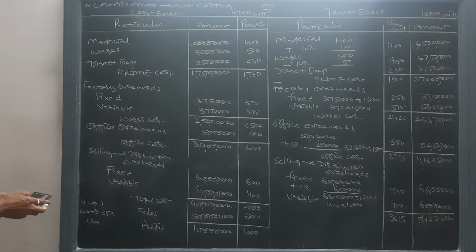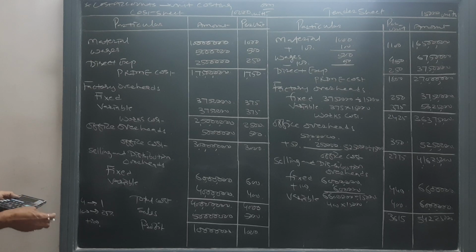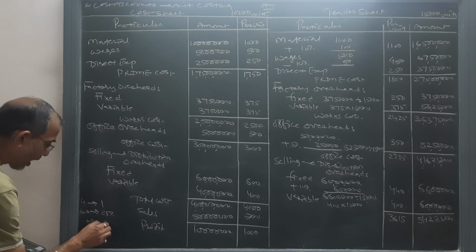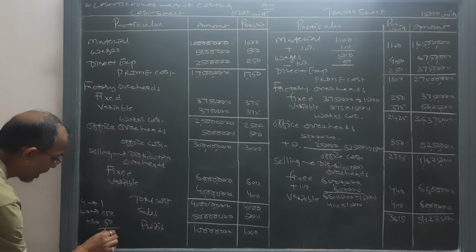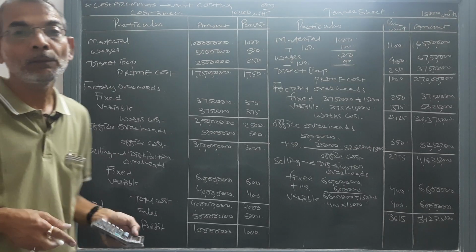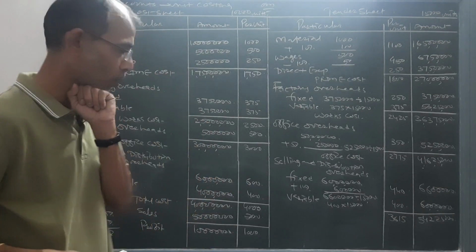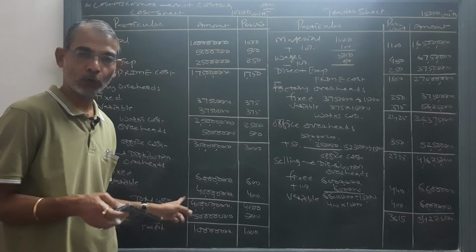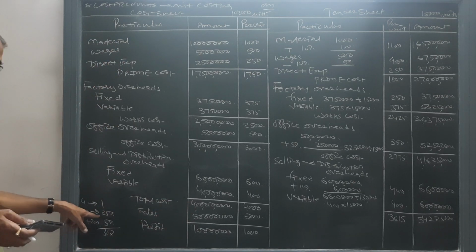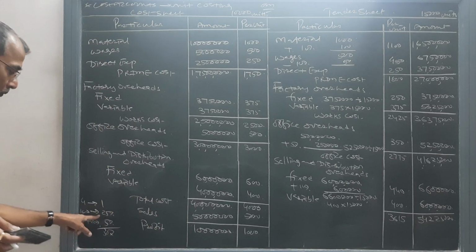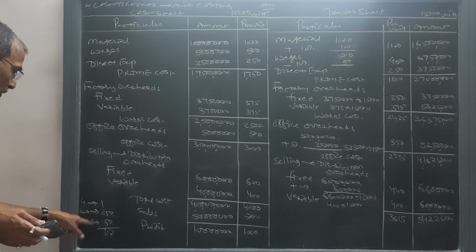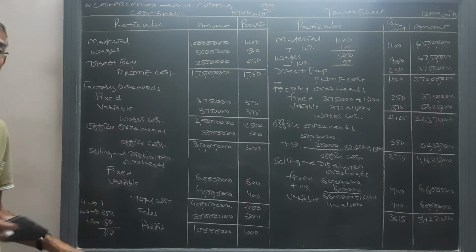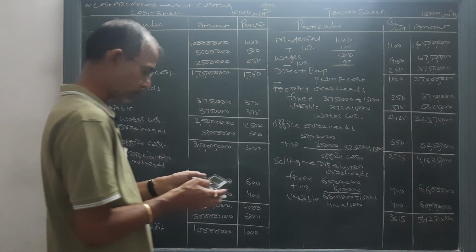So on 25, if you increase 20%, 5% will increase. Now you have to keep profit as 30% on cost.